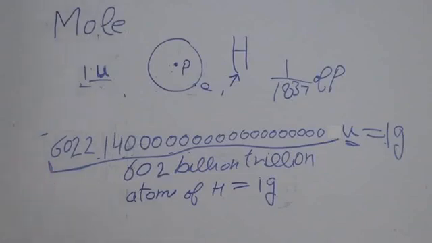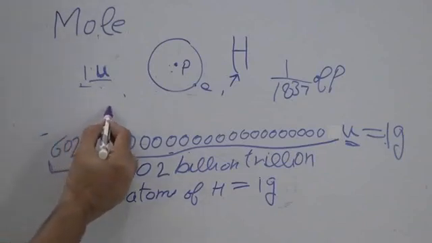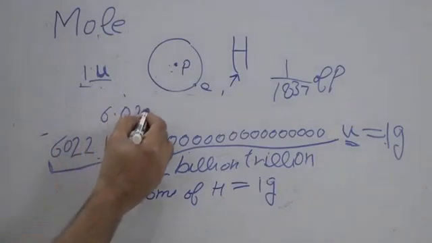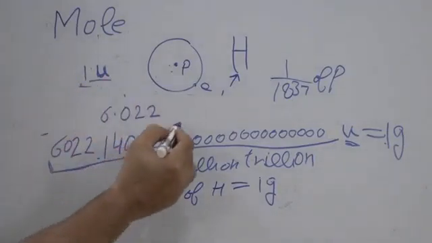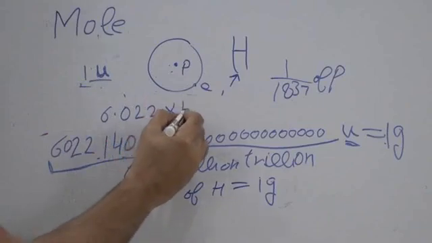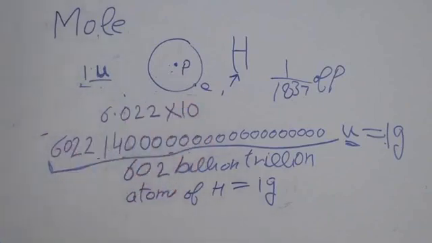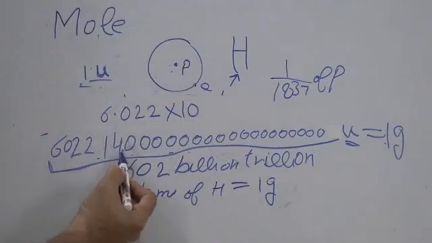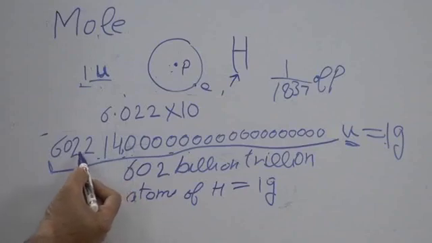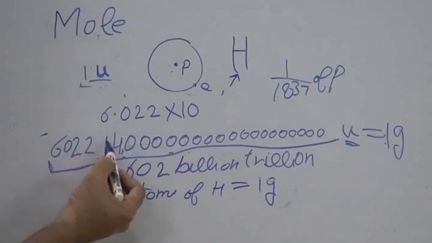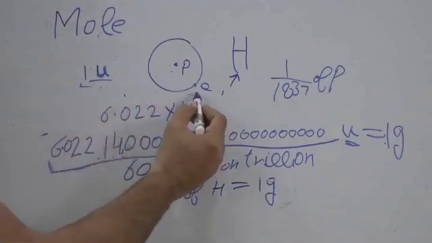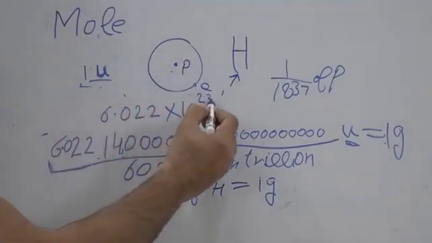With another notation, we can write 6.022 into 10 raised to power how much? After this we put 18 zeros, and on this side 1, 2, 3, 4, 5. 18 plus 5, 23. We have put the decimal here. That is why it should be 10 raised to power 23.